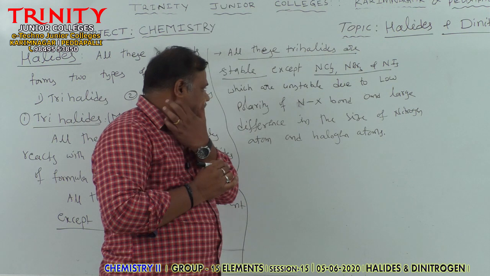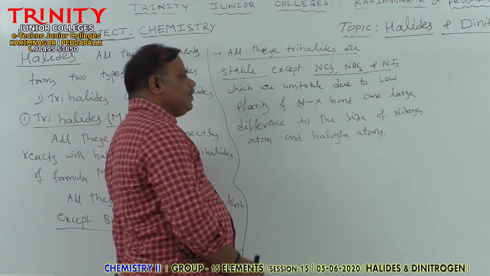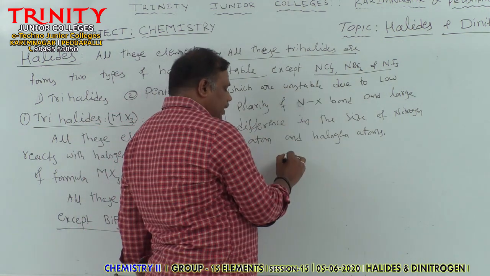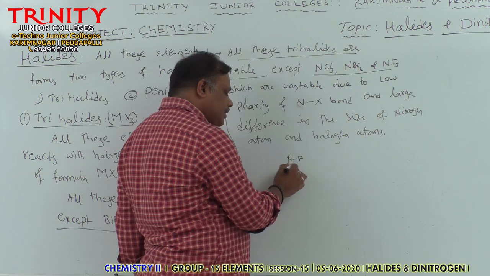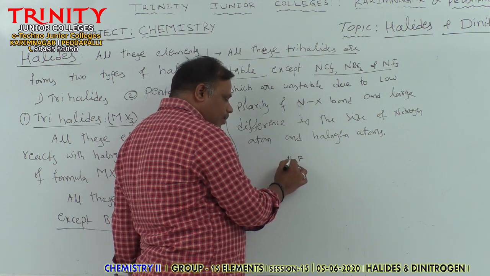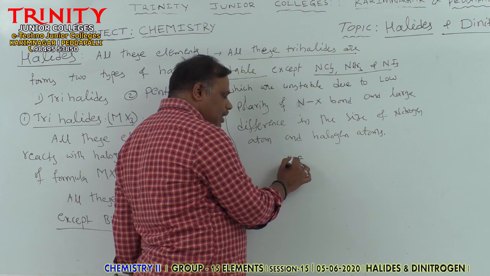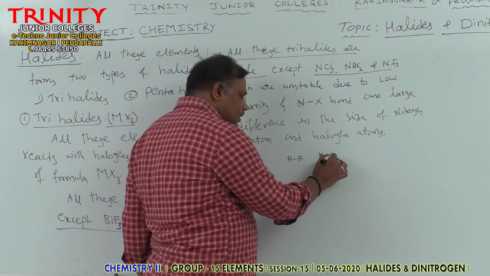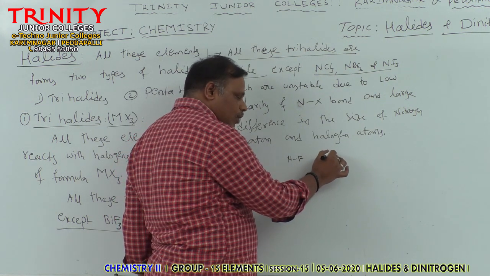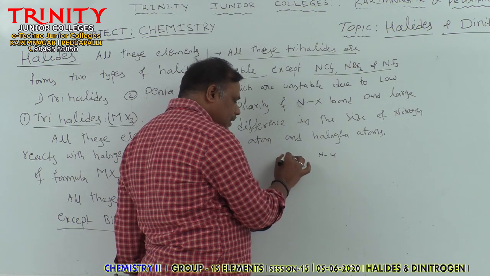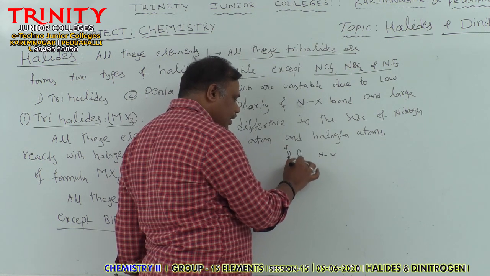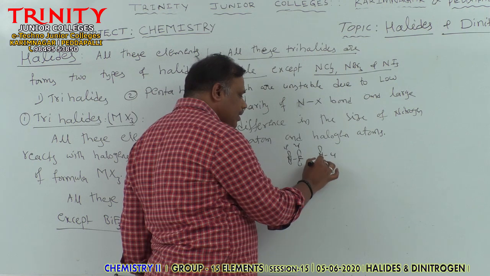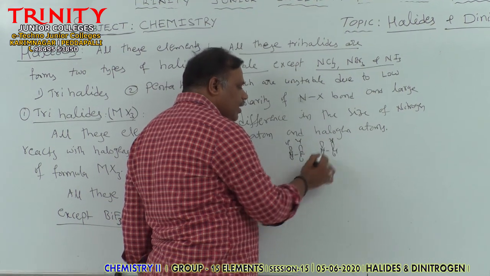Large difference means nitrogen is a very small atom. The N-F bond is a strong bond because nitrogen and fluorine are almost the same size. But for NCl, the size increases to chlorine, so effective overlapping decreases: here 2p orbital overlapping, but in this case 3p orbital.